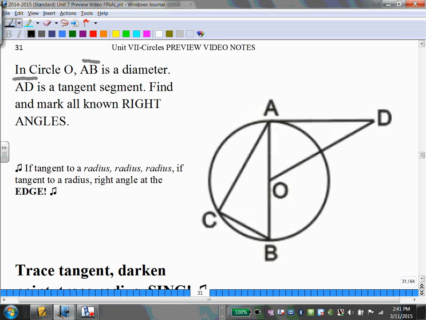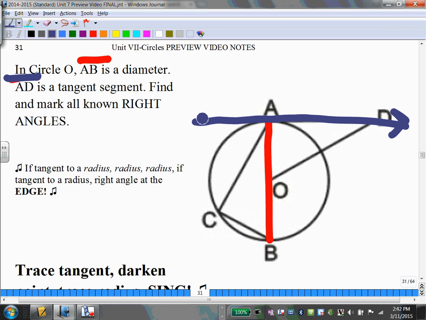Ready? For example, in circle O, AB is a diameter. So let's trace the diameter. AD is a tangent segment. So why don't you just trace and stretch AD out? That's a tangent. I'm going to give you 1 minute.